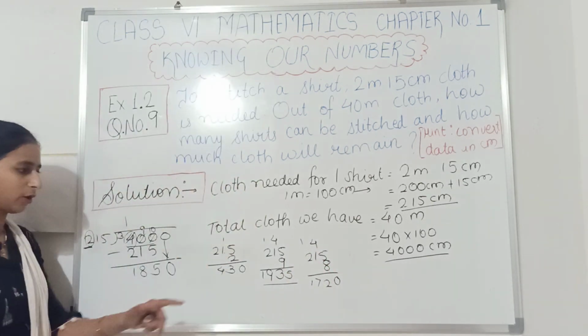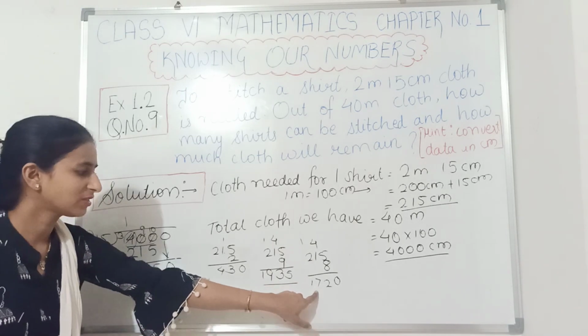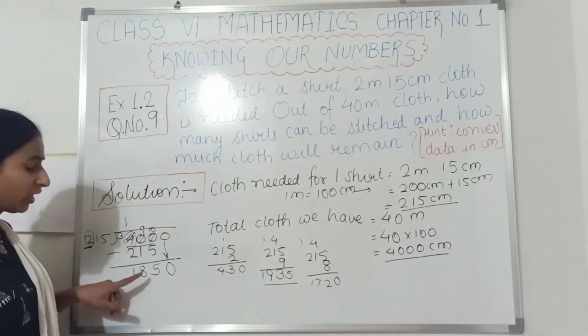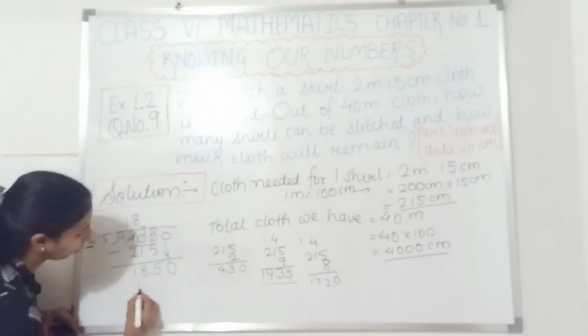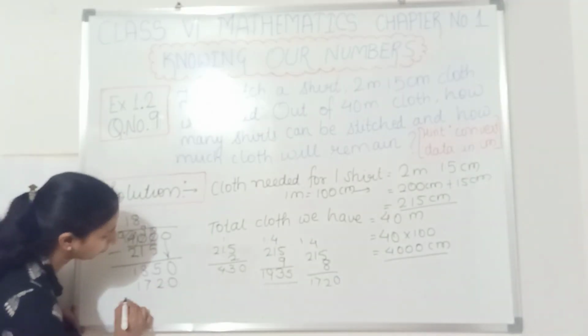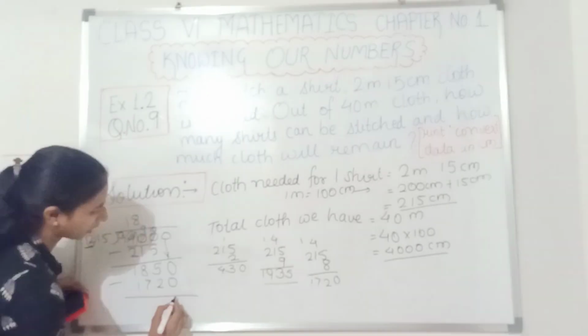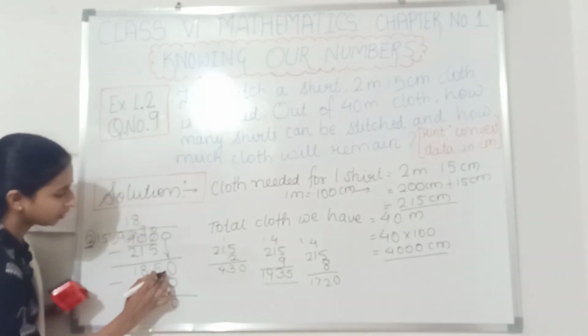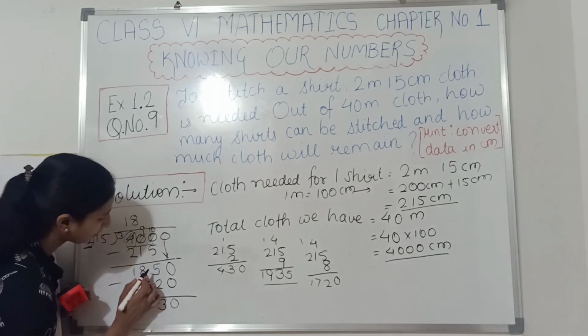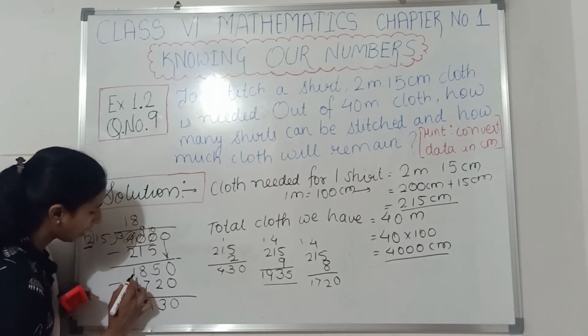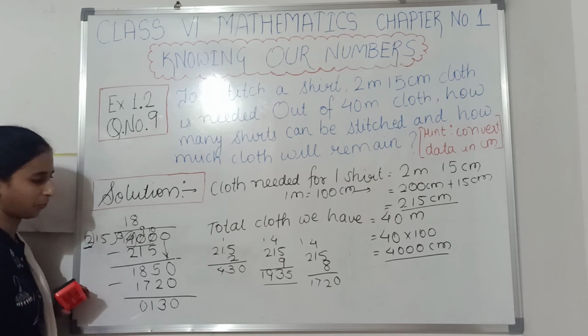And yes, I got the answer 1720, which is within this number. So I can take 8s here, 1720. And as usual, if I subtract this, I will get 0 minus 0 is 0, 5 minus 2 is 3, 8 minus 7 is 1, and 1 minus 1 is 0.